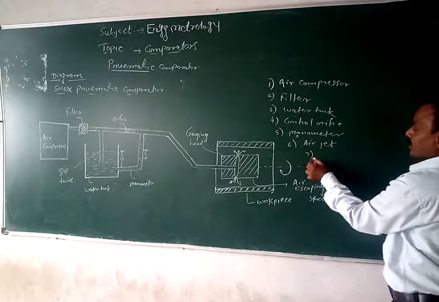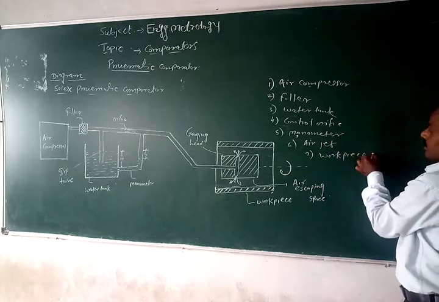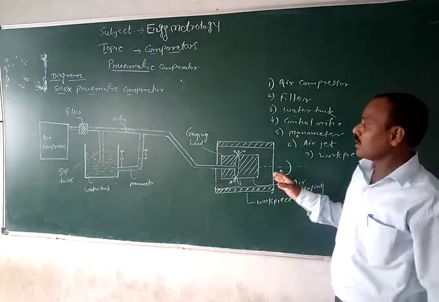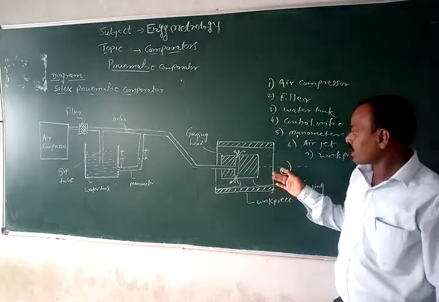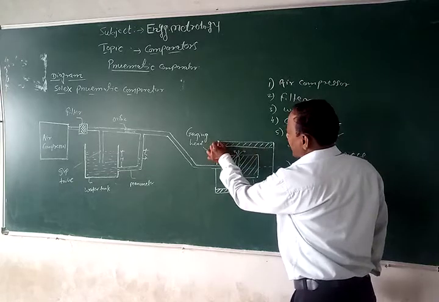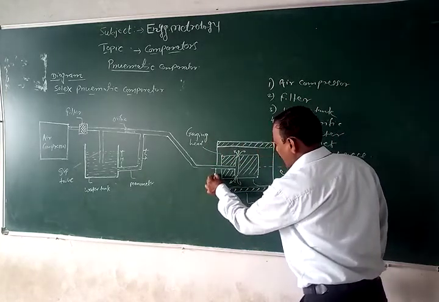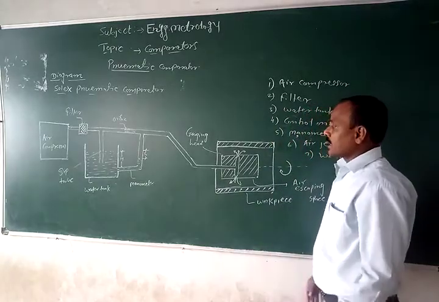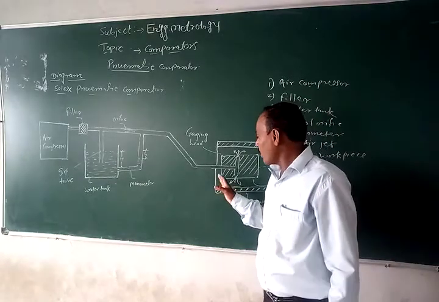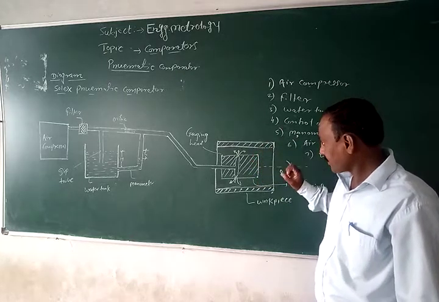And number 7 is the workpiece. Means the workpiece whose variation in dimension we have to measure. This cylindrical workpiece can be used to measure the variation in internal diameter of this cylinder.